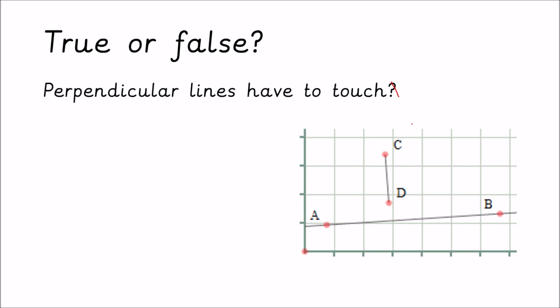Okay, so perpendicular lines are lines that would intersect at a right angle. However, even if they don't actually intersect like these 2 lines, they are still at a right angle to each other. So you would say that is false. Lines do not actually have to touch to be perpendicular.